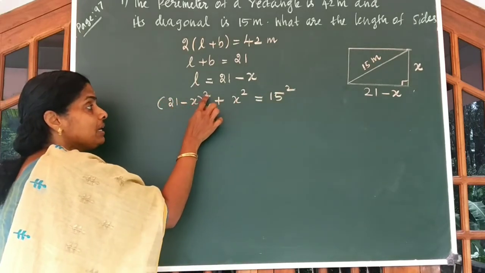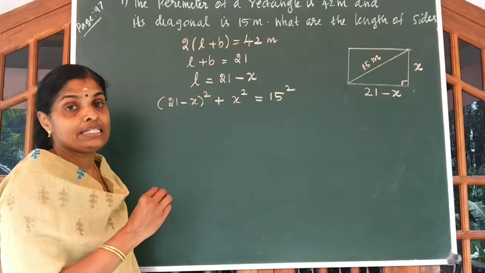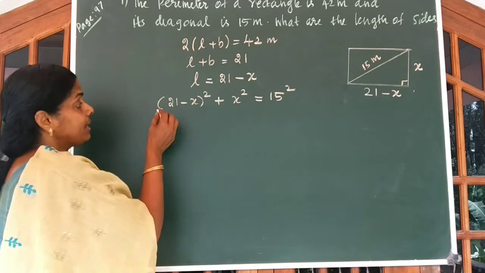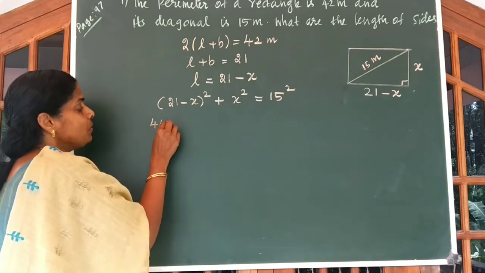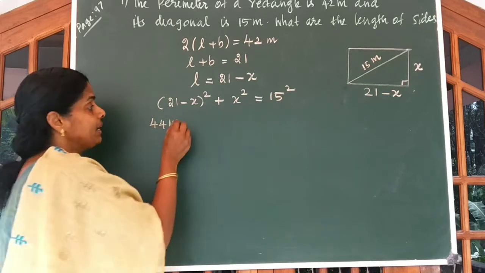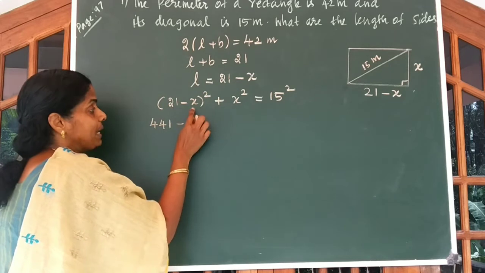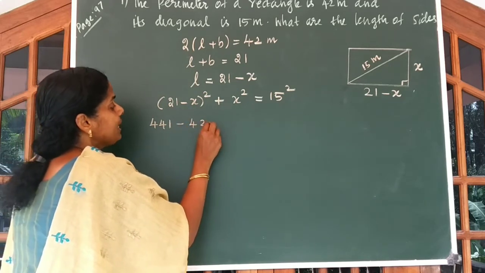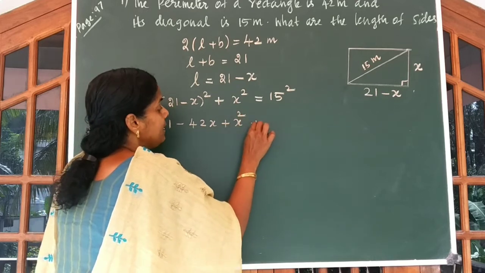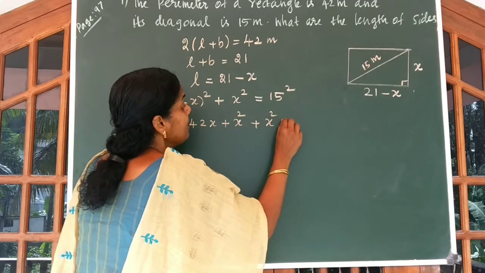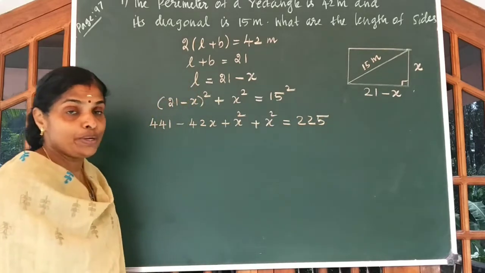Expanding 21 minus x the whole square using our identity a minus b whole square. First term is 21 square, which gives you 441, minus 2 times a into b, which gives you 42x, plus last term x square, plus this x square is equal to 15 square, value 225.